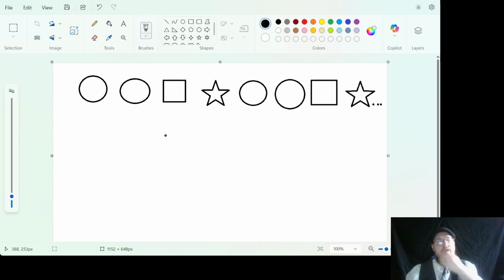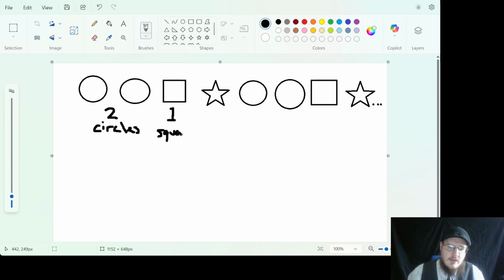Okay? So, for this pattern here, pretty quick and easy to look at this. We have alternating shapes. We have two circles. We have one square. I write that quickly. And then we have one star.